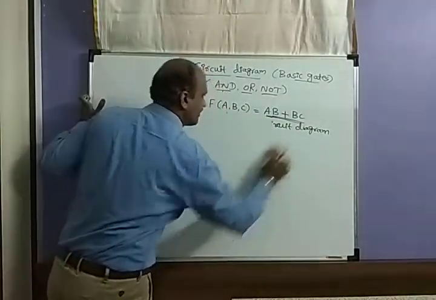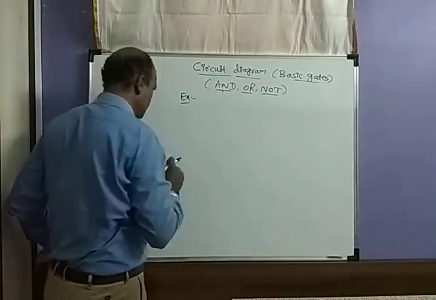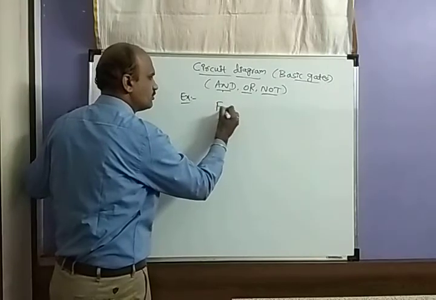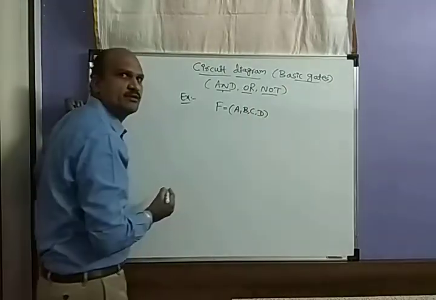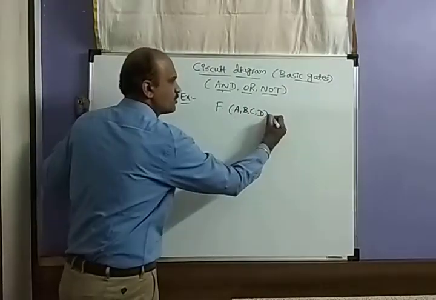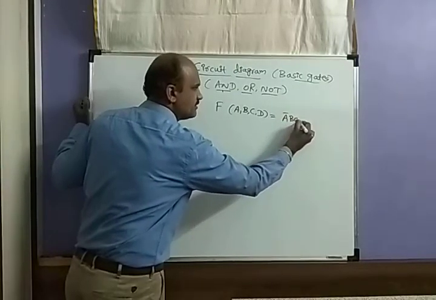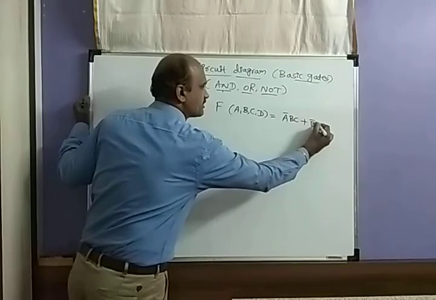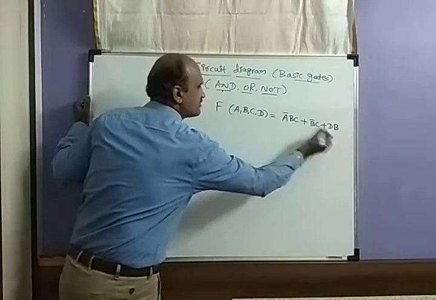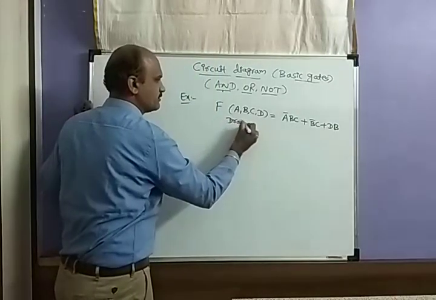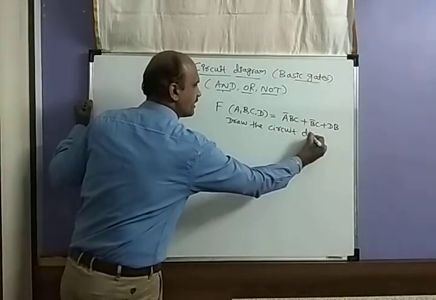So F of A, B, C, D is equal to A bar B C plus B bar C plus D B. This is the expression, draw the circuit diagram.